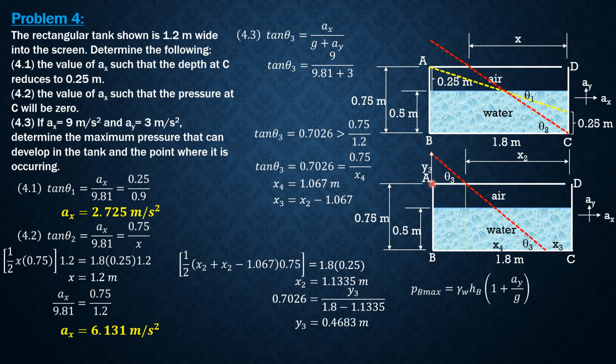So it is y3 plus 0.75. So 9.81 times quantity y3, 0.4683 plus 0.75, times quantity 1 plus 3 over 9.81. So finally, we can now compute the maximum pressure at B, equal to 15.61 kilopascals. So I hope you were able to understand the explanations and the solution to this problem.